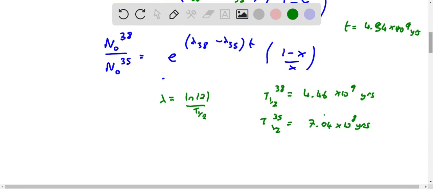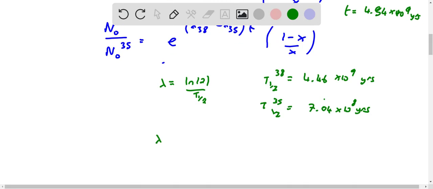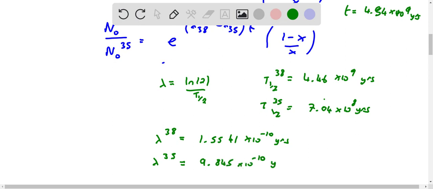So we can substitute into the formula to get the decay constant of uranium-238 as 1.5541 times 10 to the power of minus 10 per year, and the decay constant of uranium-235 as 9.845 times 10 to the power of minus 10 per year.